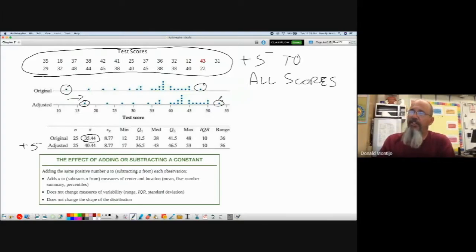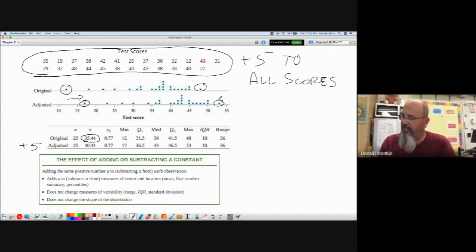The standard deviation, again, is, on average, how far each score was away from the mean. So on this test in the stats class, each score on average was 8.77 points away from the mean of 35.44. Well, when we added 5 points to everybody's score, all it did was shift everything to the right 5 units. It did not change how spread out these are from one another.